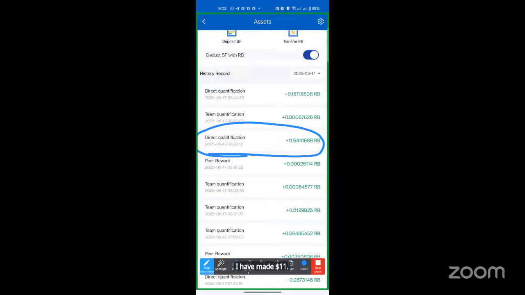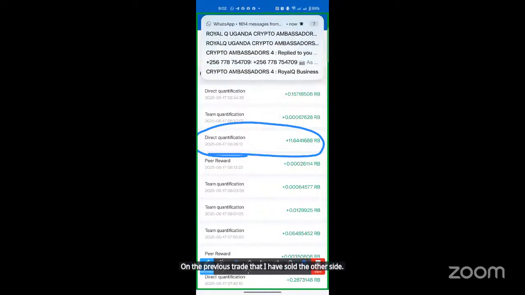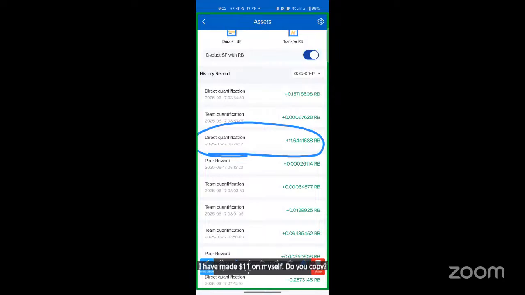How many are now understanding? I'm about to share with you something. On the previous trade that I sold the other side, I made $11 on myself. Do you copy?